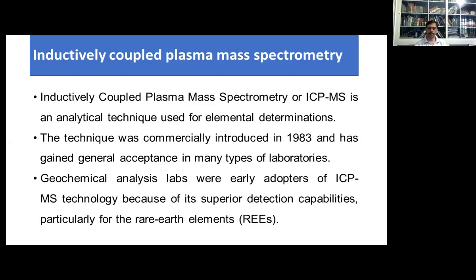It was the geochemical analytical labs who early adopted this because they found that they have superior detection capabilities. So particularly for the rare earth elements, you know that rare earth elements are present in very small quantities. For their analysis, ICP-MS was found to be very useful.